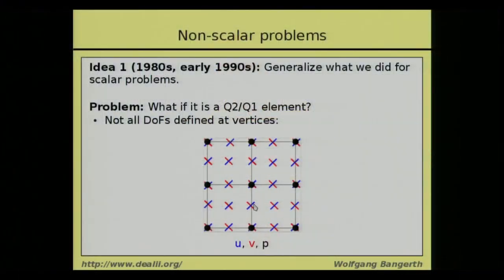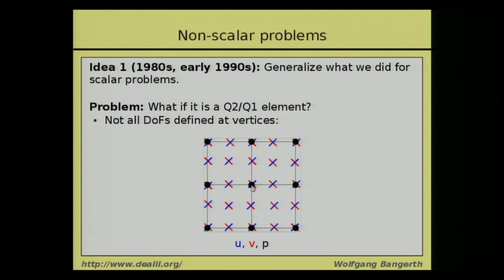We walk over all of the nodes where we have a pressure defined, and then we solve local problems by looking at the pressure plus all of the velocities that couple with it. And in the case of the Q1 element, it's relatively easy to see that, for example, for this pressure node here in the center, every velocity that you see here is actually coupled with this particular pressure node.